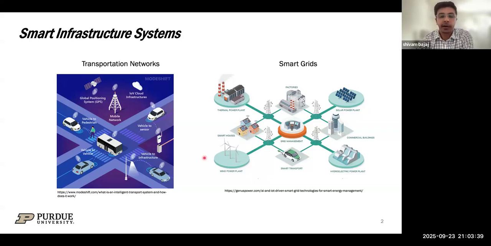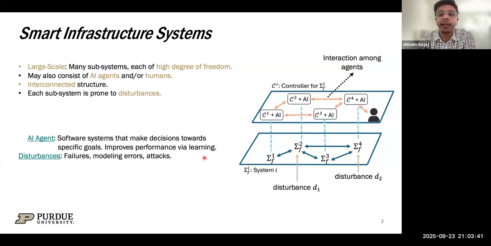So if I try to simplify these images, the image on the right is one way to depict these smart infrastructure systems, where on the lower level we have these subsystems, Sigma F1, Sigma F2, and so on. To go back to the example, Sigma F1 and Sigma F2 can represent autonomous vehicles, power plants or smart houses.